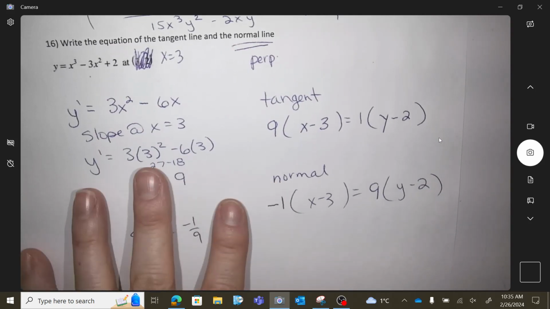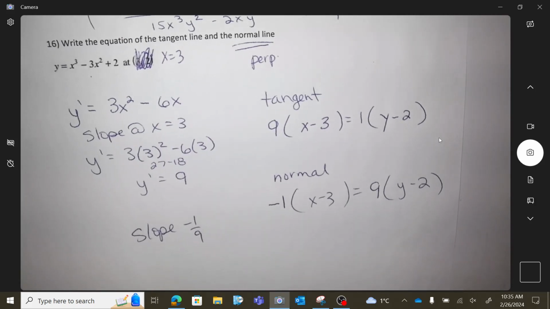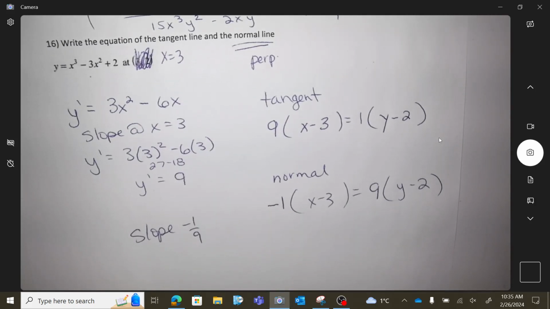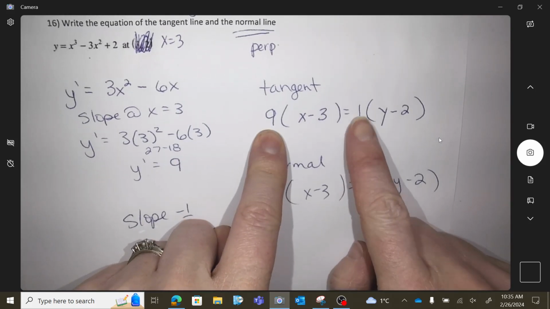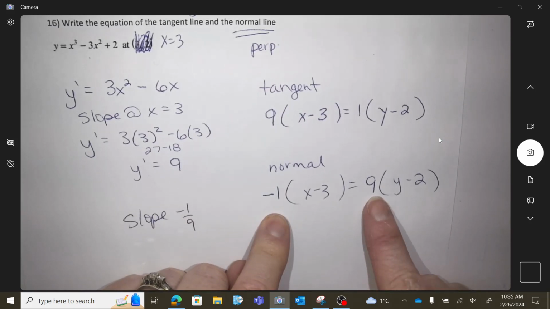You would have plugged a 3 into this original. How would you do it if the slope was negative 9? If the original slope was negative 9, then this would have been a negative 9 and a 1, and then this would have been a positive 1 and a 9. Is that good? You see?